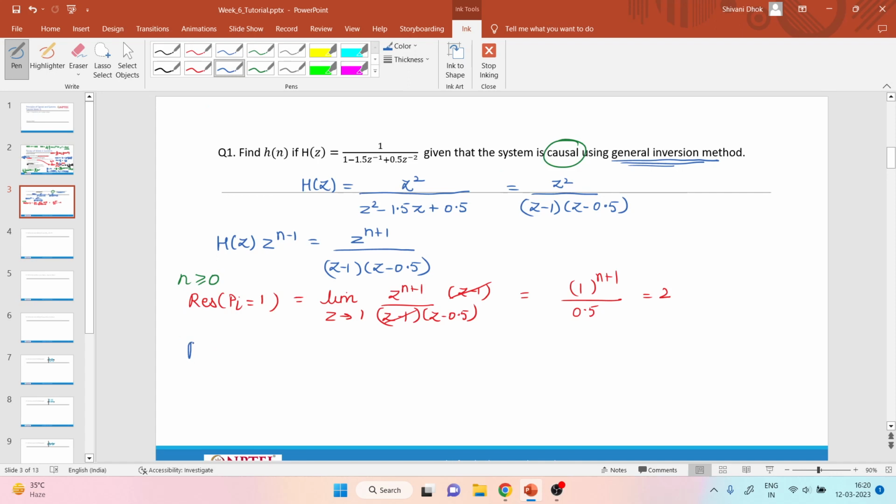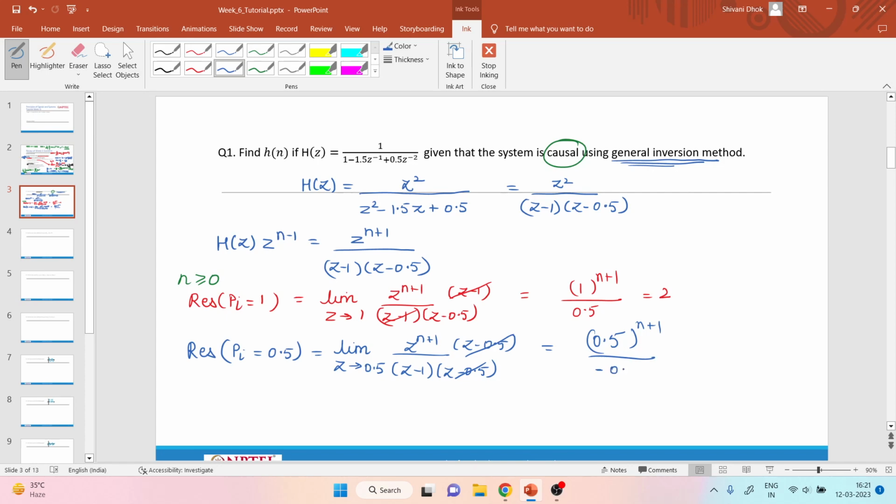Next thing that we'll find is the residue for the pole at 0.5. This is equal to the limit z tending to 0.5 of z to the power n plus 1 upon z minus 1 into z minus 0.5, into z minus 0.5. This gets cancelled and this comes out to be 0.5 to the power n plus 1 upon minus 0.5.